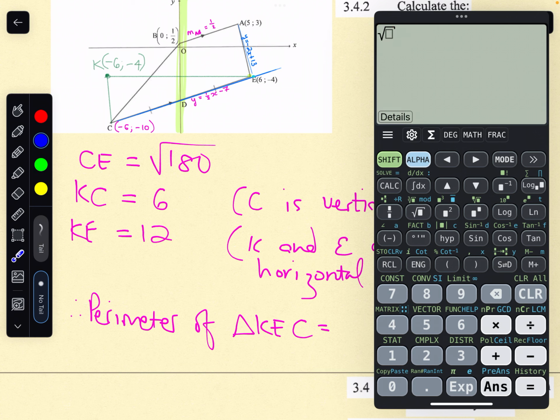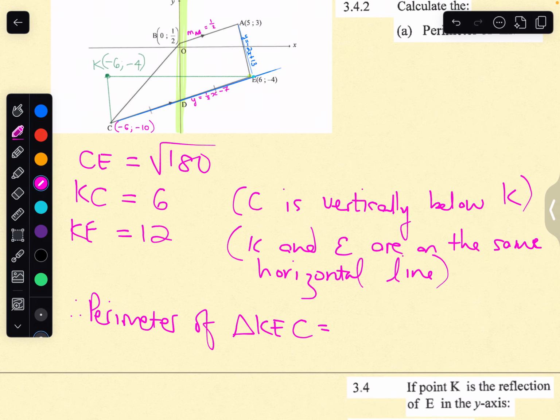I am not completely content with all these thirds showing up, so it doesn't hurt to double check, especially if you've been doing this mental maths. Sometimes it lets us down. Okay, 6 root 5. What is 6 root 5? Yeah, that is the square root of 180. So we were right.